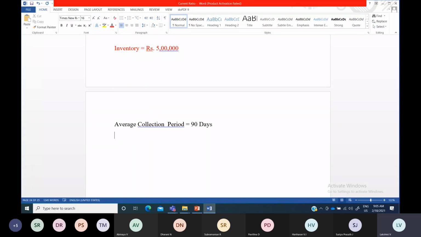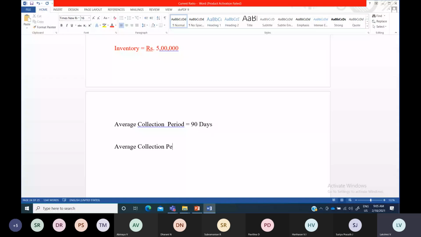Okay, so this average collection period formula is, if they give you months, you'll be using the number of months in a year as the numerator. If they give you days, in days if they mention like this, you have to go ahead with number of days.